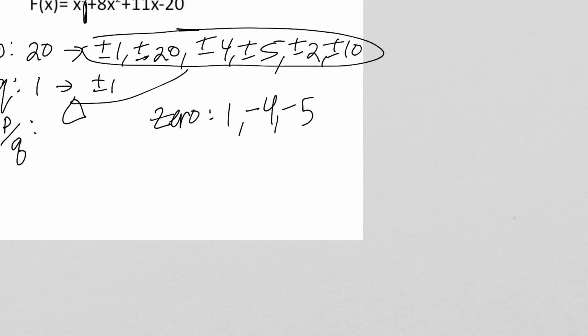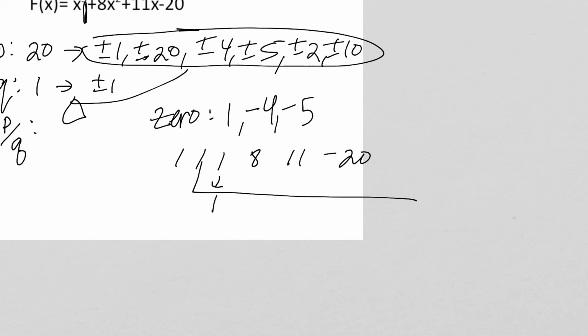All right, so I'm going to make my thing, put my coefficients. I'm going to check that the 0 of 1 works. I'm going to bring down this one. 1 times 1 is 1. 8 plus 1 is 9. 9 times 1 is 9. Add those up, you get 20. Add the multiply, you get positive 20.